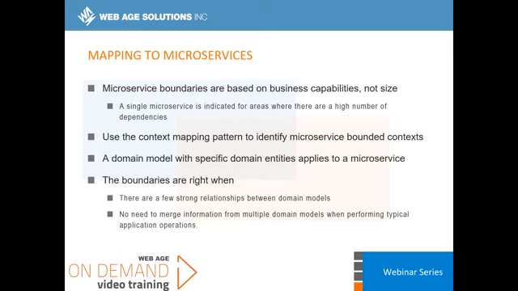So domain-driven design is a very popular and ongoing way for us to create our microservices.